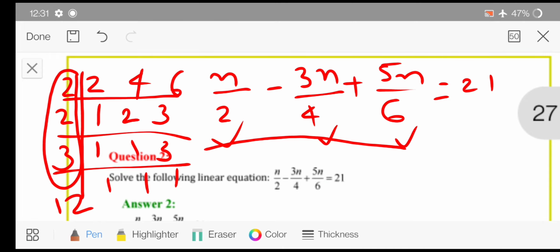We need to make each and every denominator 12. So this multiply by 6. Another will be multiplied by 6. Here multiply by 6. Here also it will be multiplied by 6. Am I right? No, I am not right. I need to multiply it by 3. Why do I need to multiply it by 3?